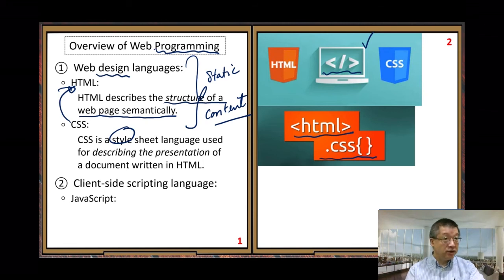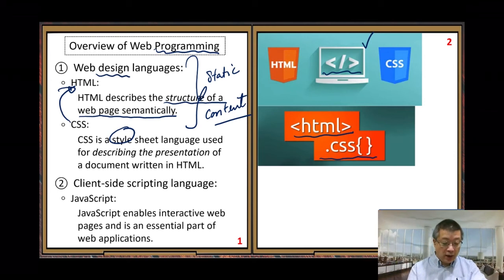It works mainly at the client side. At the server side, JavaScript can also do some special work, but that's another story. For this class, we won't do that part.